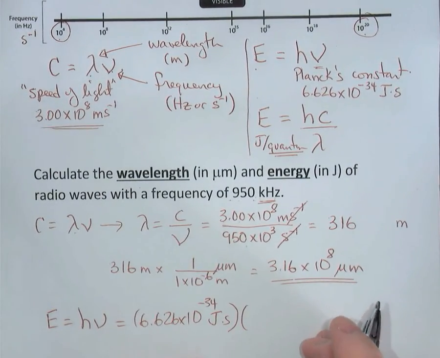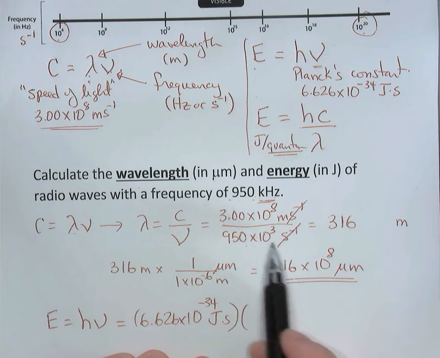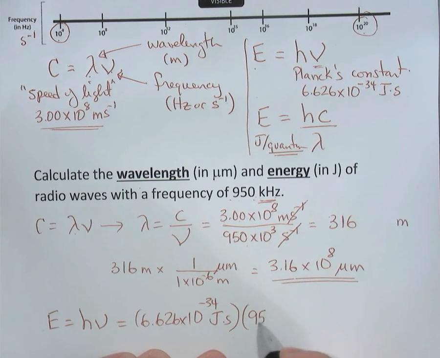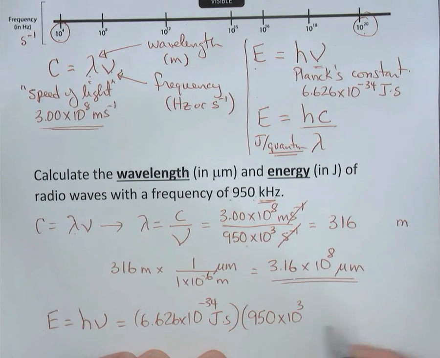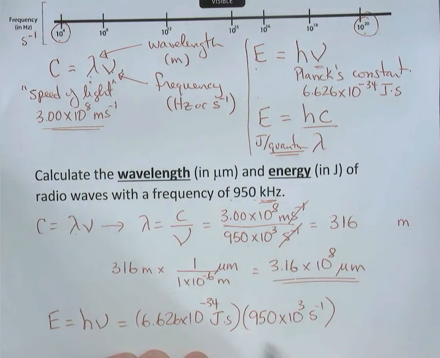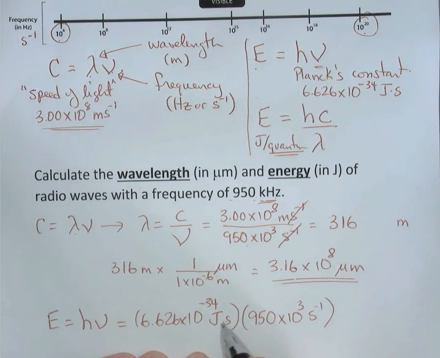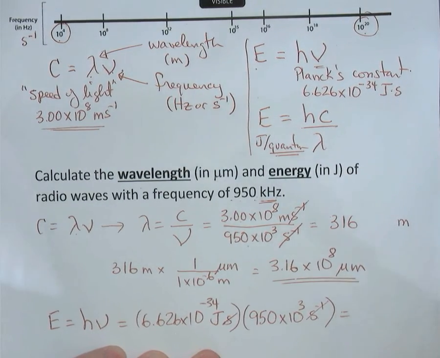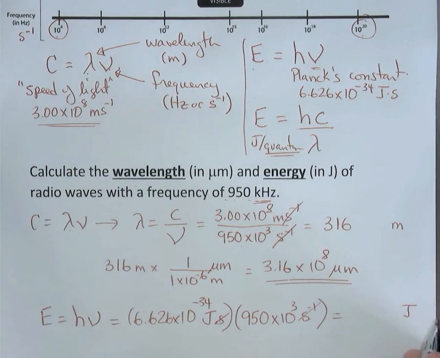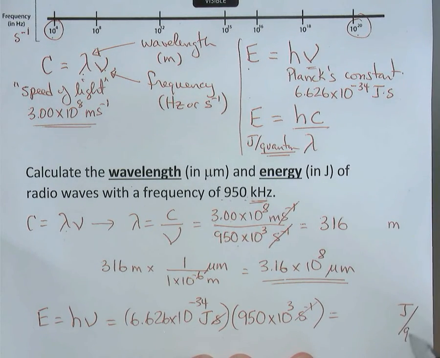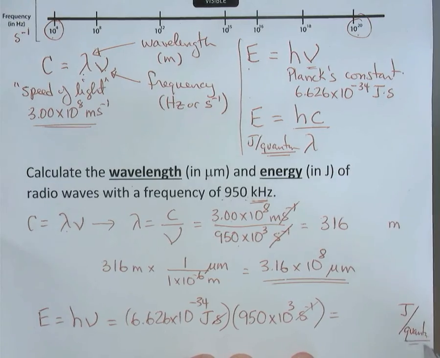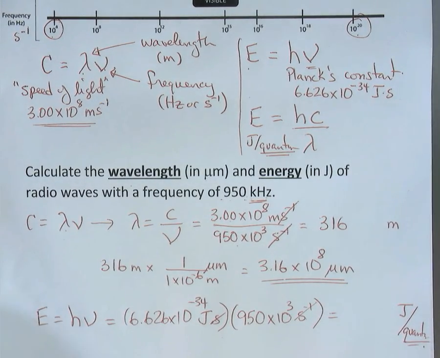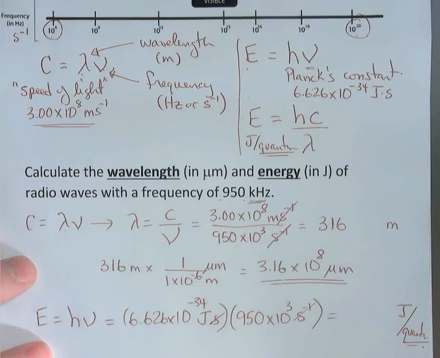And notice if I take my same conversion earlier, 950 kilohertz becomes 950 times 10 to the 3 per second. Now notice s to the positive 1 times s to the minus 1 is s to the 0, which cancels out. And so I'm going to be left with joules, which is the unit for energy. As we talked about earlier, technically joules per quantum will be the unit, since we're finding the energy of 1 quantum of this radiation.